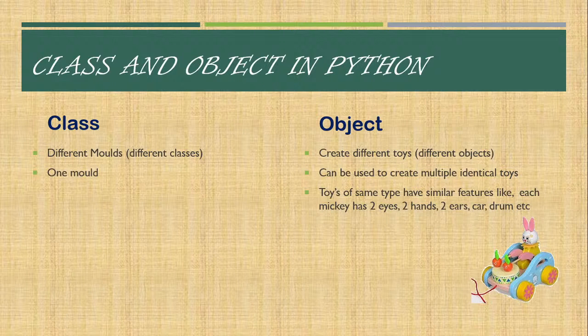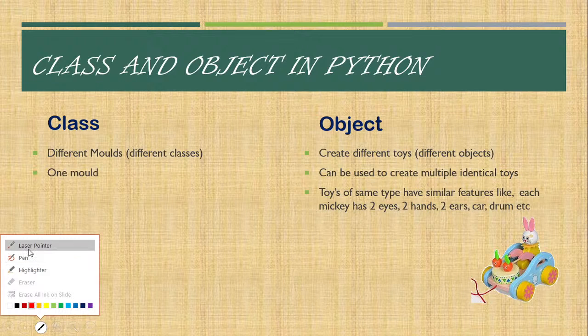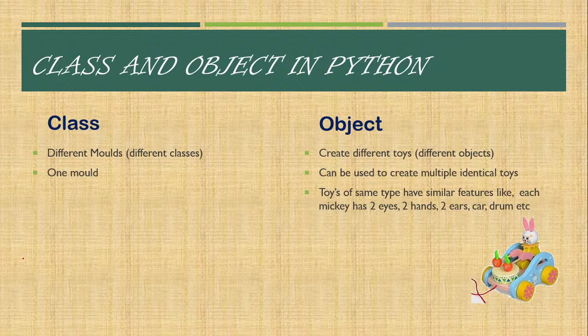Here there is a car and a drum. If we instantiate an object of this type, each object will have all these properties: this drum, this car, and the face of Mickey.